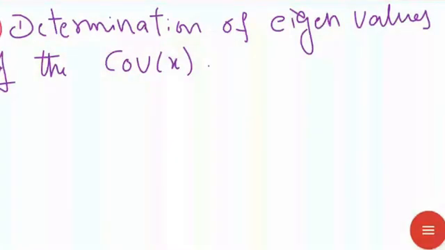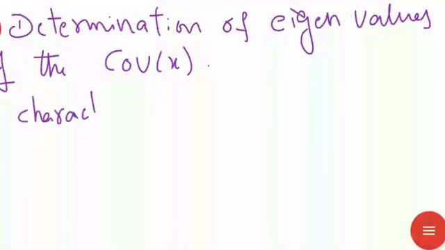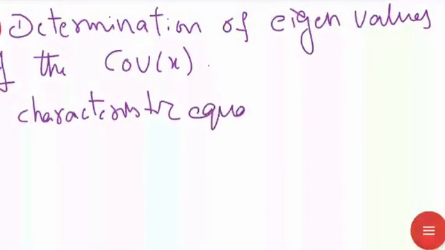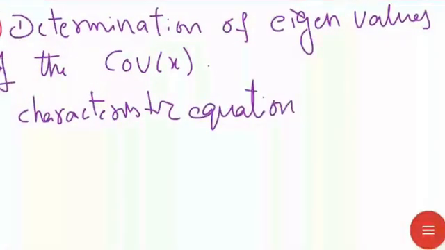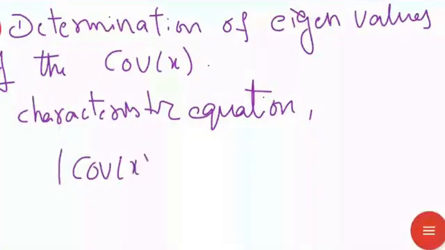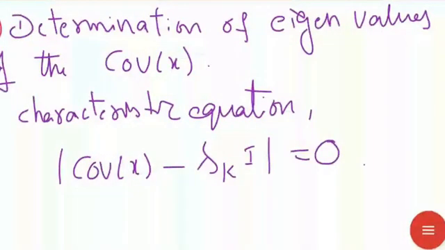So how can you calculate this one? Take the characteristic equation, that is mod of COV of x minus lambda k I is equal to 0.